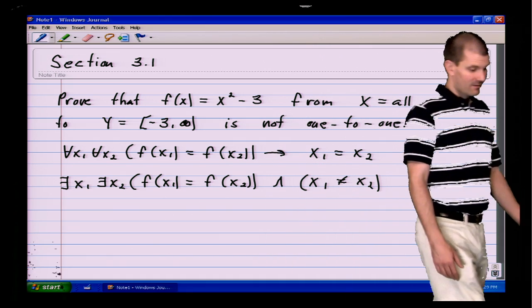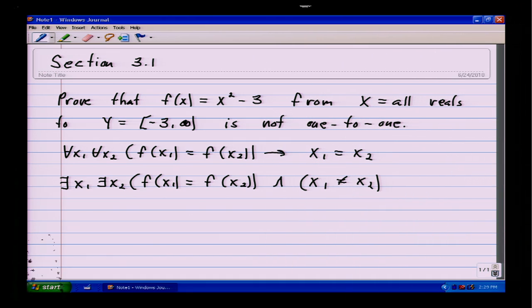So I might start with just a little bit of scratch work before I actually write out the proof. What I'm really after is, can I figure out these two x values that aren't the same, but that will give me the same y value when I plug into the function? And so I can really pick any number from the range.